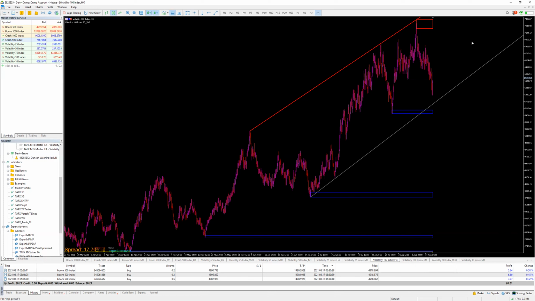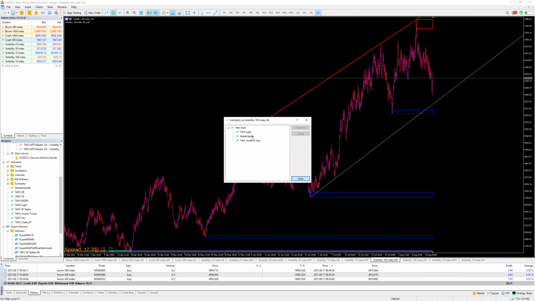Now this is the chart that the robot will be picking signal from. And remember, we said that there is this master handle that you're supposed to attach in that time frame, supply and demand, and trend line. This master handle is what will be giving the robot signal in the small time frame. So it must be attached in the time frame that you are picking signal from.